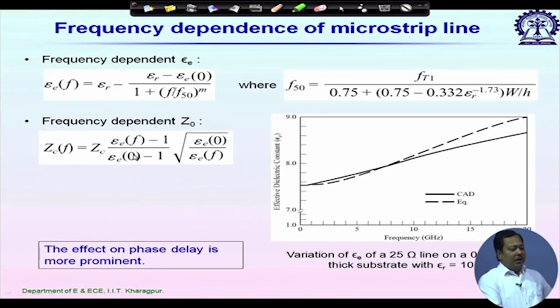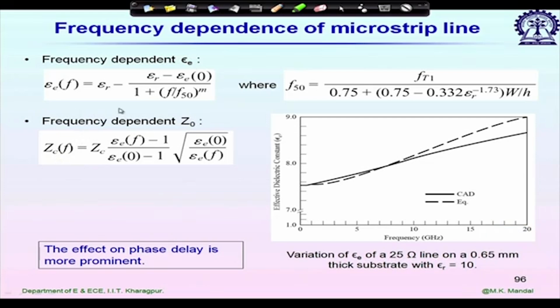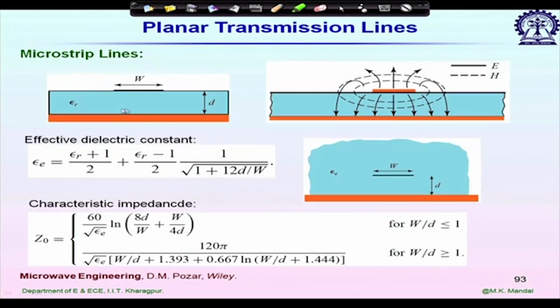So next, the variation of epsilon E and Z for a given substrate. What we have seen from the electric field plot in this slide, most of the electromagnetic wave is confined inside the dielectric, but some of it is also in air.